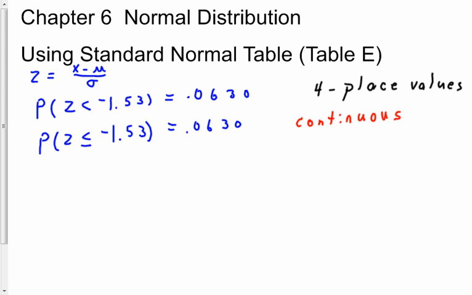Another item, the probability that z is greater than negative 1.53 equals 1 minus the probability that z is less than or equal to negative 1.53.